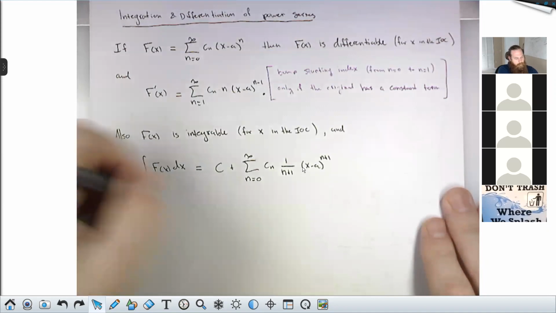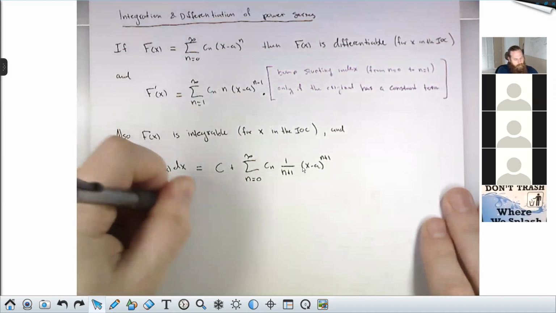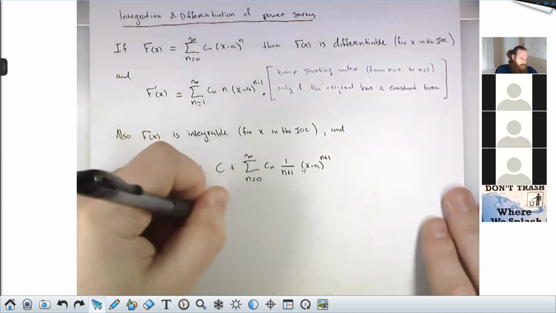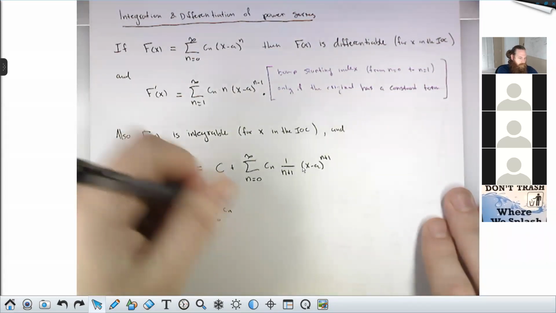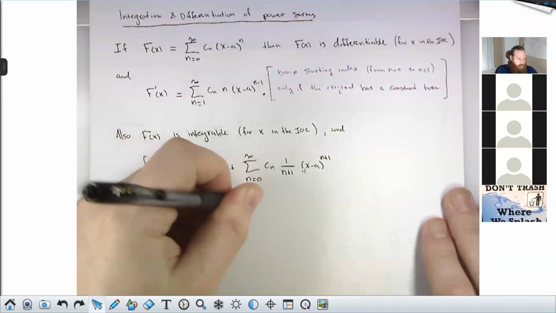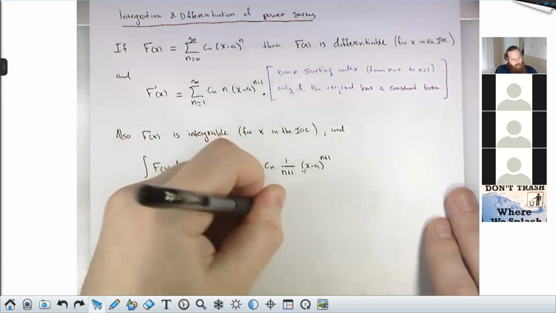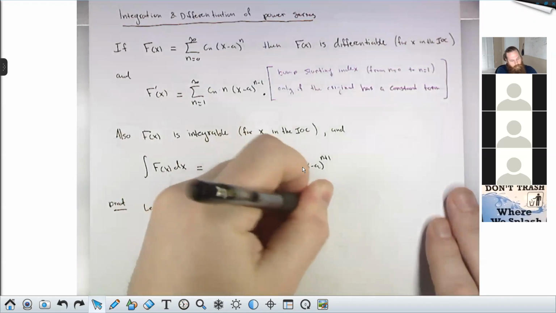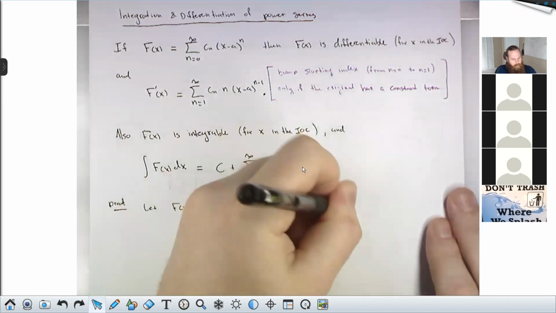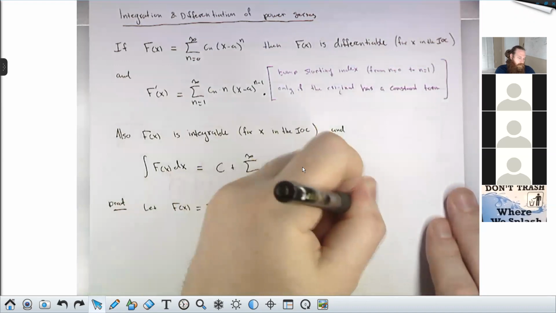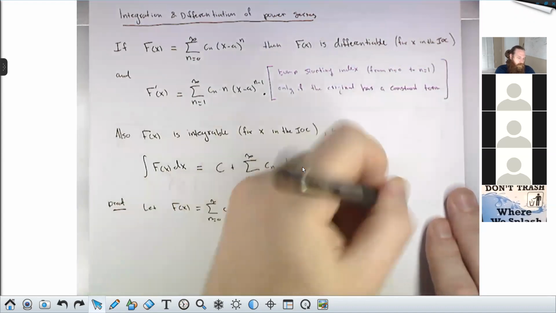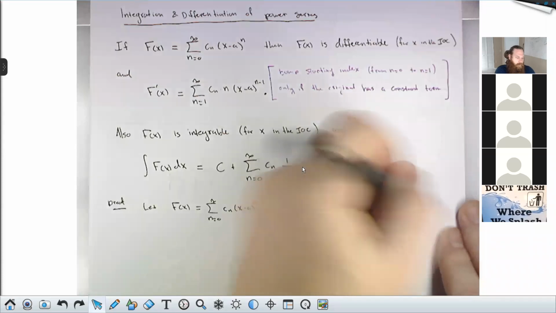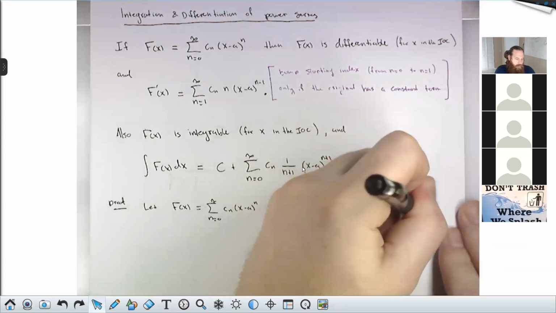We're going to let f of x be this series, the starting series, the sum of Cn times (x minus a) to the n, which remember is shorthand for C0 plus C1 times (x minus a) plus C2 times (x minus a) squared plus C3 times (x minus a) cubed, and so on forever and ever.